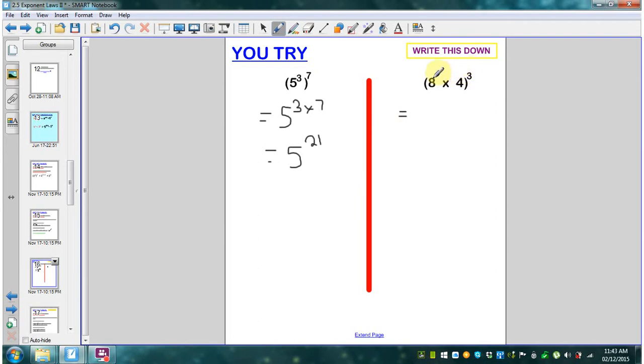Okay, this one here, I'm going to do the order of operations. So I'm going to do inside my brackets first. 8 times 4 is 32. And that's 32 to the power of 3. Okay, and I'm going to leave it like that. If you are asked to evaluate, that means you have to actually work your powers out.